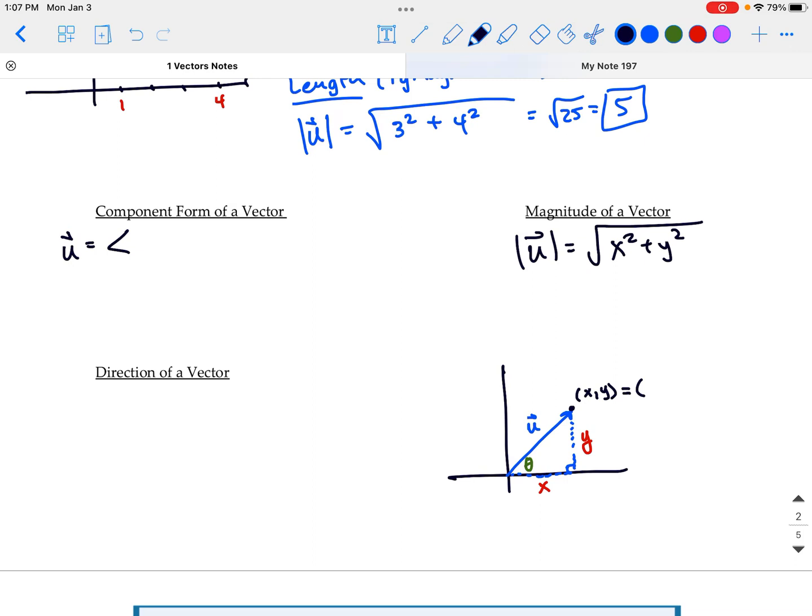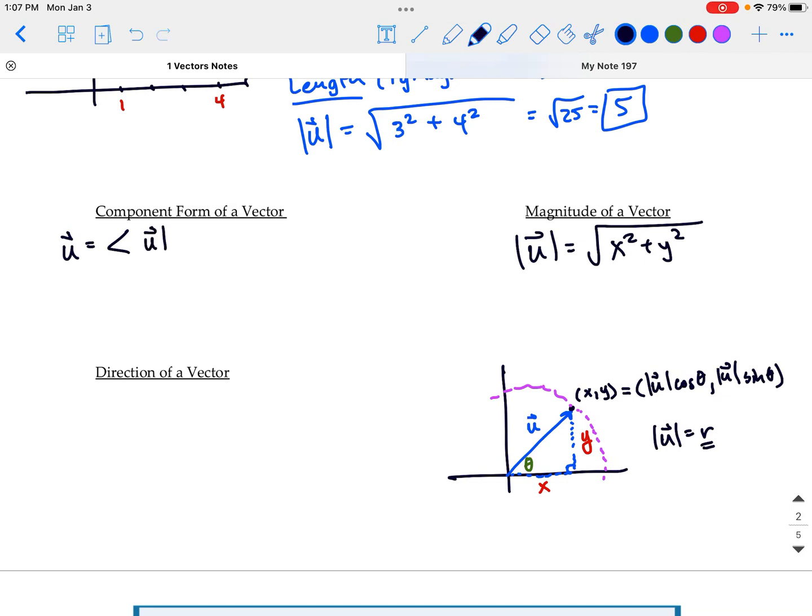So we can rewrite this vector as the magnitude of u cosine theta and the magnitude of u sine theta. That's because the magnitude of u is equal to the radius of the circle that point is describing. There's a circle we could draw there with radius r, and in this case the radius is the magnitude of u.